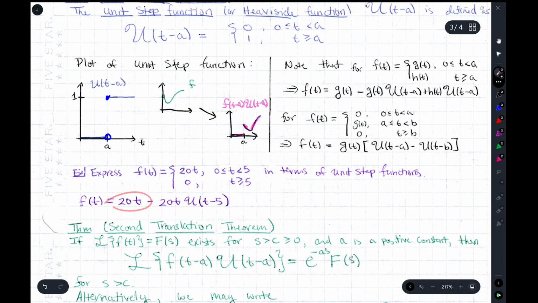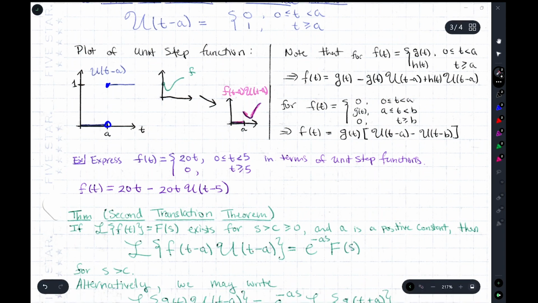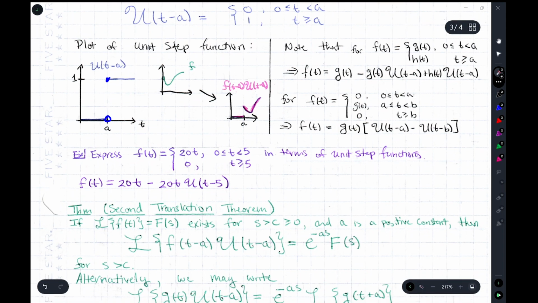Well, we have this 20t. That's on when t is strictly less than 5, but when t becomes 5 and greater, this term turns on, and 20t cancels 20t there for t greater than 5, so it becomes 0. Okay, so just a straightforward way of using the unit step function to frame piecewise defined functions.